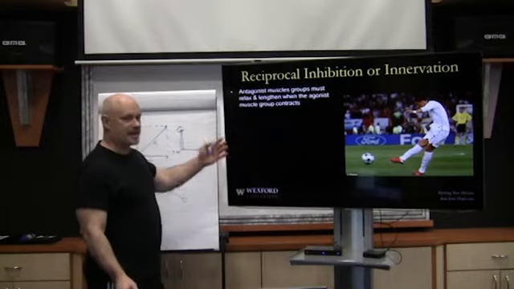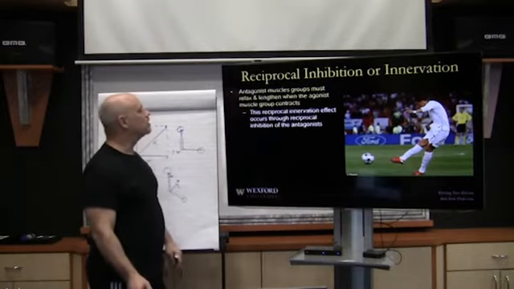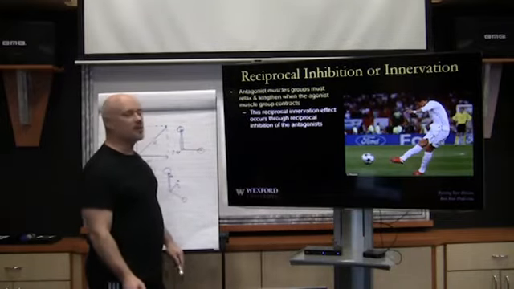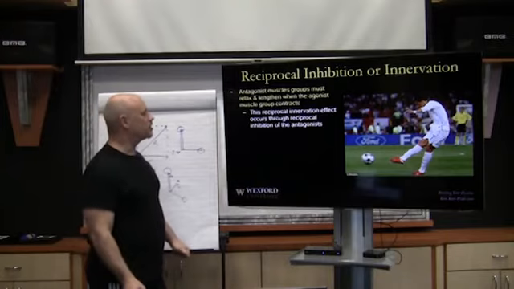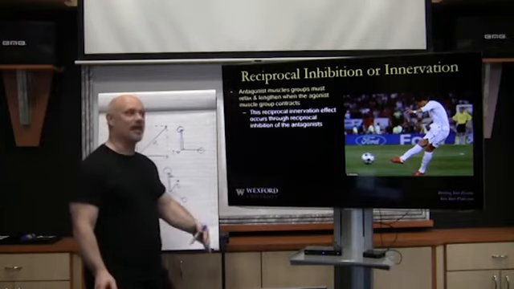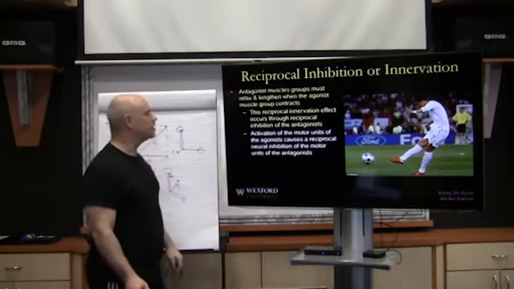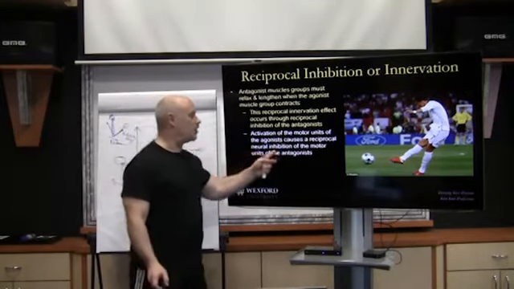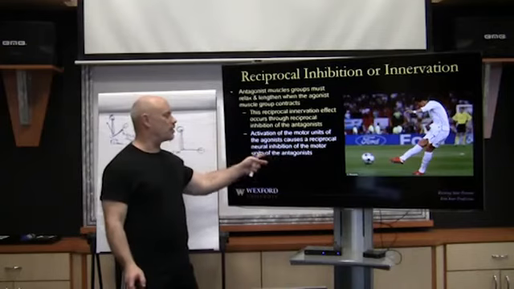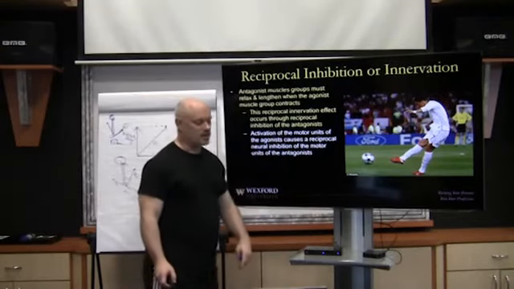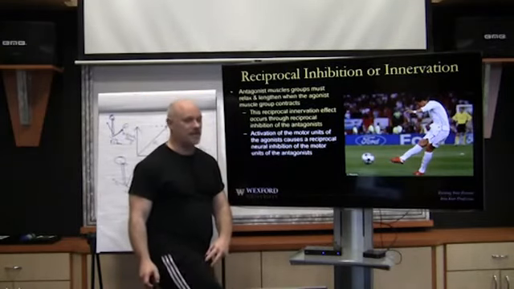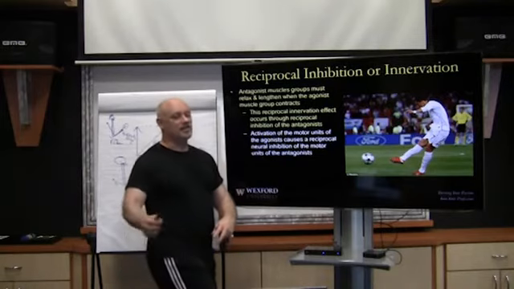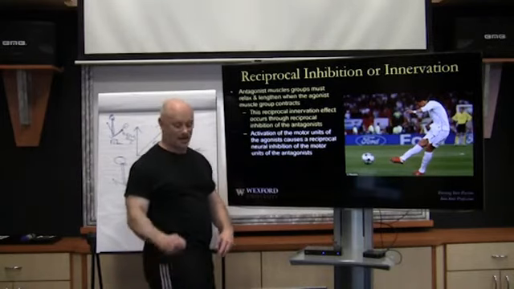Like I said, the antagonistic muscles shut off through reciprocal inhibition of the antagonist. The activation of the motor units of the agonist creates a reciprocal neural inhibition of the motor units on the antagonist. So as the anterior side is trying to contract, it sends a signal to shut off the antagonist.